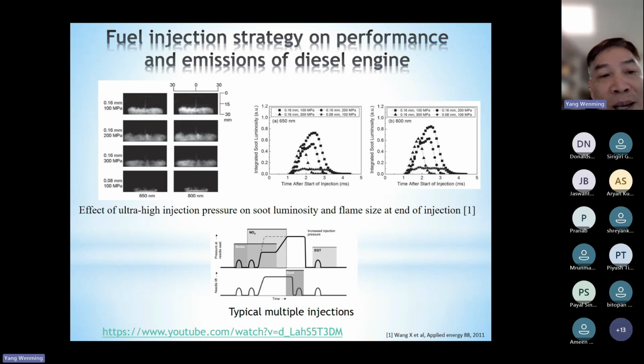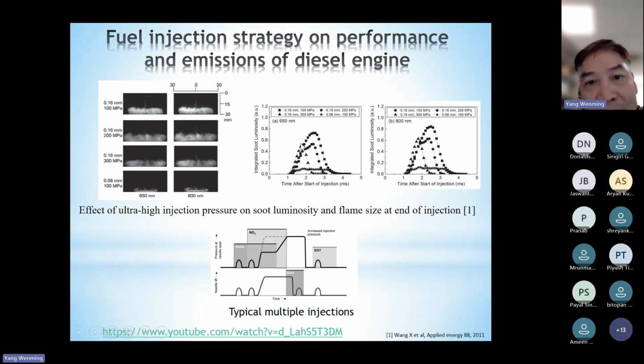Because the injection hole size decreases, much less fuel will be injected. So the soot particle luminosity will decrease, both in terms of size and intensity, correct?